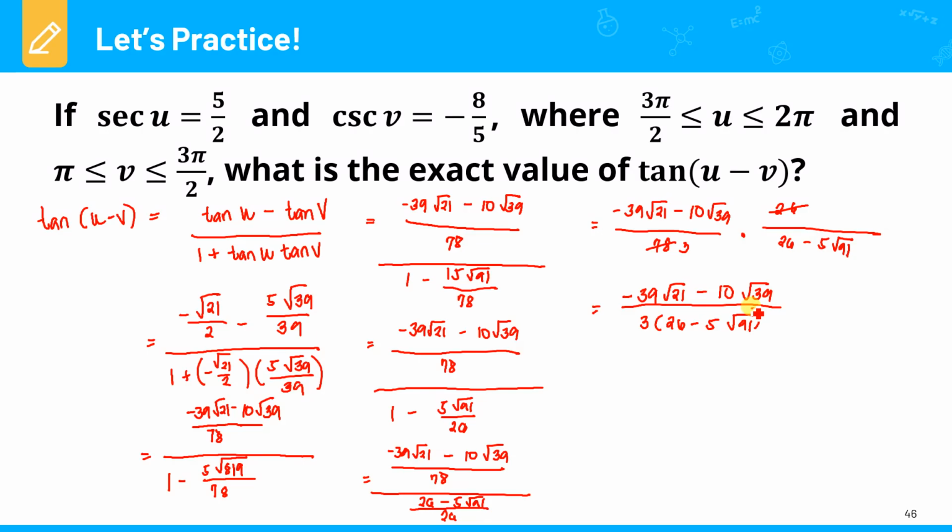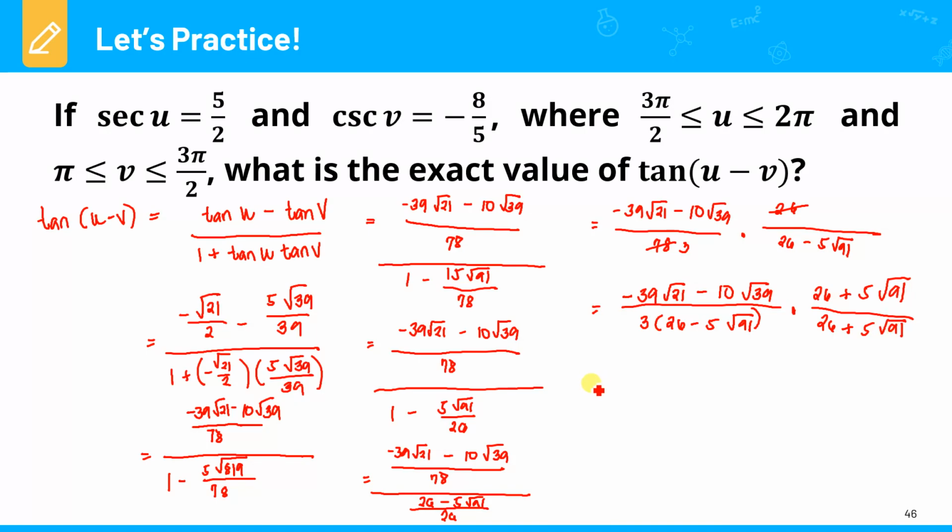Okay, now in this case, let's try to multiply the numerator and denominator by the conjugate. So you have 26 minus 5 square root of 91. So we can multiply the numerator and denominator by the conjugate, 26 plus 5 square root of 91 over 26 plus 5 square root of 91.